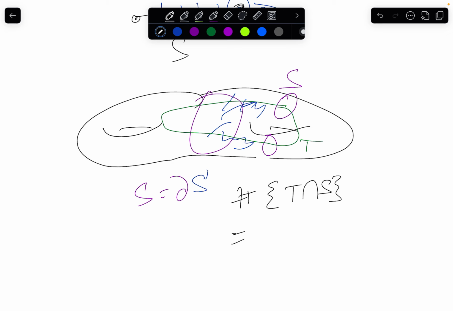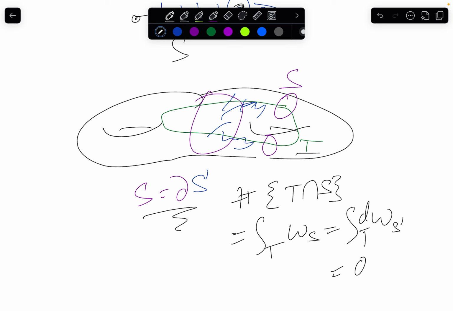Well, this is going to be equal to the integral over T of omega sub S. But then because of this, it's equal to the integral over T of d omega of S prime, because S is the boundary of S prime. But then this is a closed integral over a closed surface, so this is going to be equal to 0.